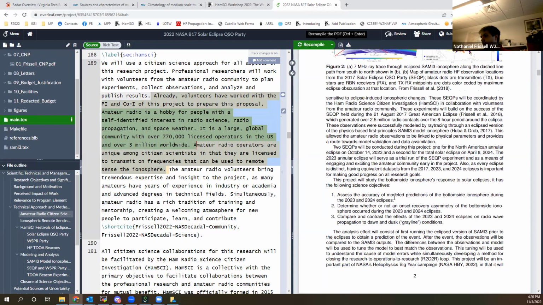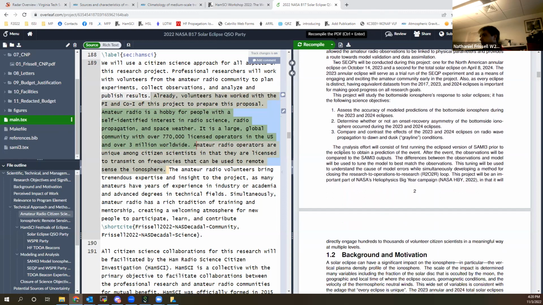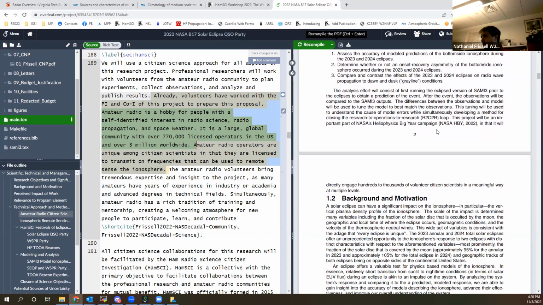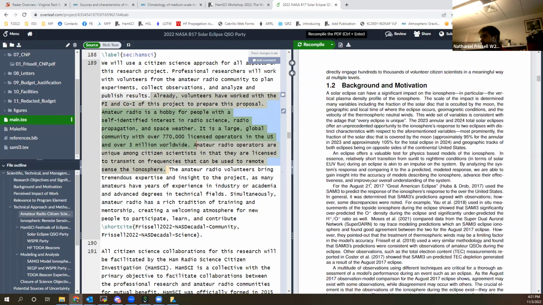And we talk about the science objectives. And then we talk about what SAMI 3 is in the model and the importance to the research to operations to research loop. And then we talk about citizen scientists. Okay, and then we get to background and motivation. Maybe that's the place to define the citizen science before you get into 1.2.